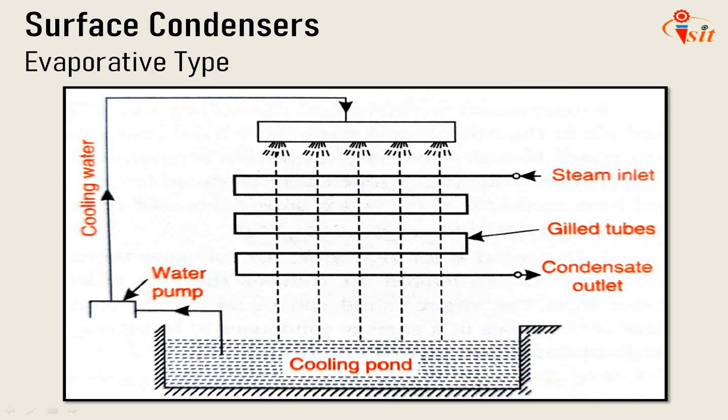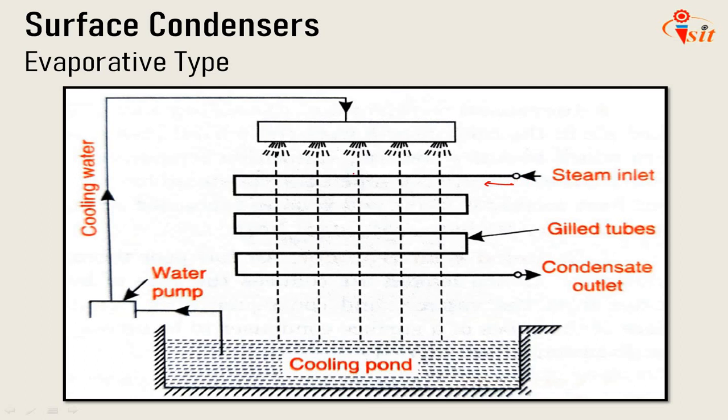Now the figure shows the schematic sketch of an evaporative type condenser. The principle of this condenser is that when a limited quantity of water is available, the quantity needed to condense the steam can be reduced by causing the circulating water to evaporate under a small partial pressure. The exhaust steam enters at the top here, the steam inlet, through the top through finned pipes.